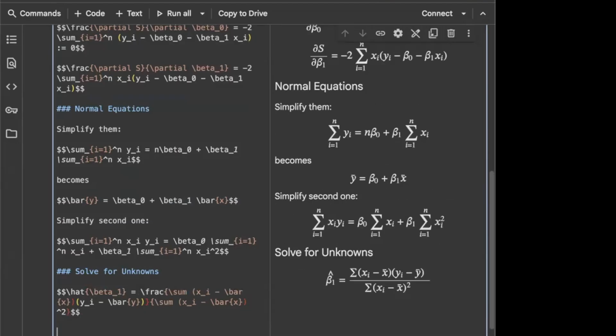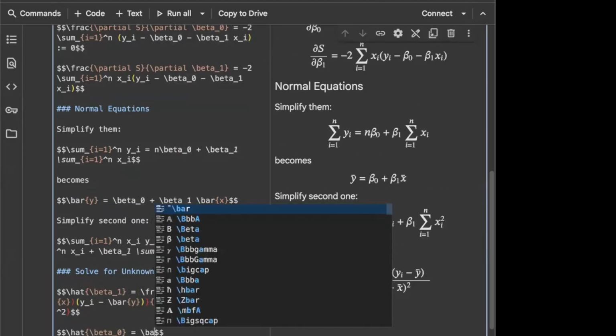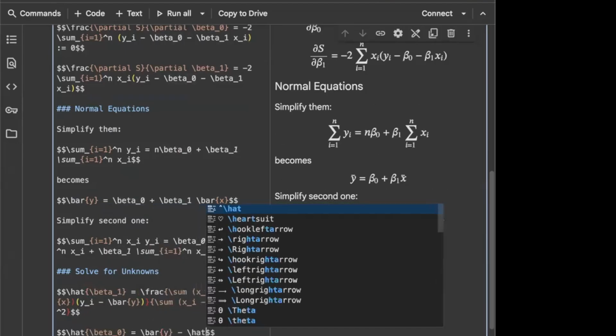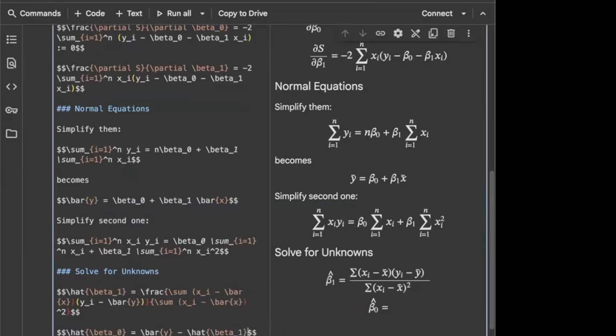So that's your first solution. Now you have your second solution, which is beta 0 hat, and here you have a solution to be y bar minus beta 1 hat x bar.